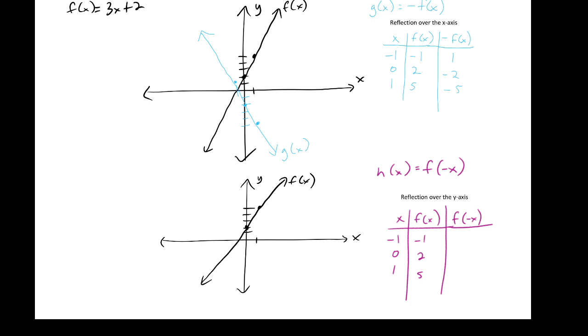So here, the f of negative x, what I need to account for is not the f of x, like I did before. I need to account for what negative x is. So I'm just going to switch my values: 1, 0, -1. And put those guys in.